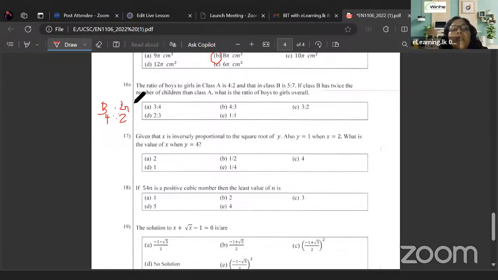Class B has 5 to 7. What is the ratio of boys to girls overall?